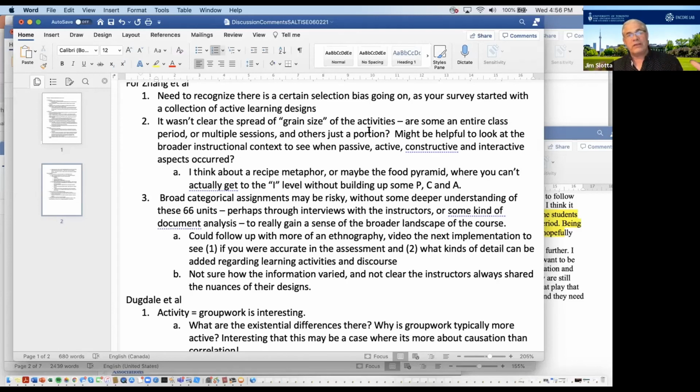If it's a whole class period, I can imagine, like you said, all 4 of these things would happen at some level. And if it was just a partial lesson, it might not get beyond a constructive level or something like that. So the density of these codes would be something to think about there, and maybe even normalize that and create a normalized measure.